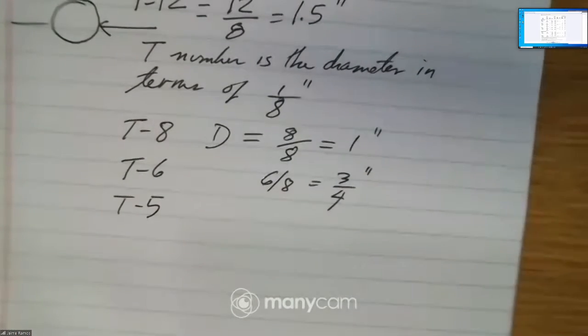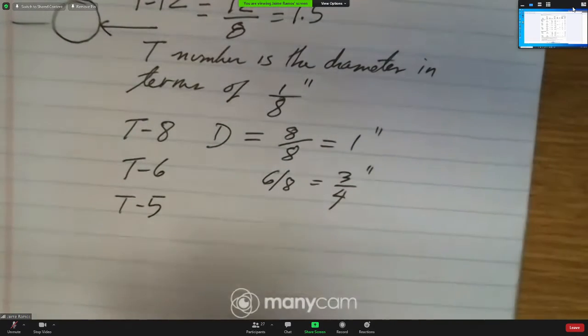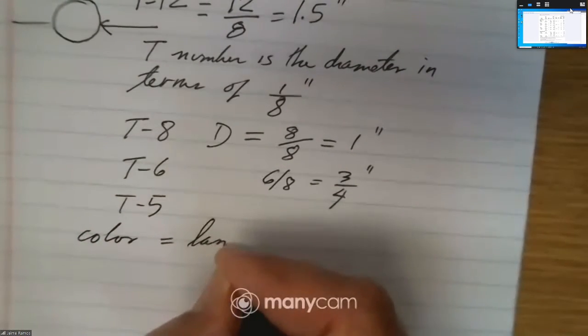Now, something important again is also the color. So here are a bunch of acronyms. I don't remember now. Initial lumens per lamp, but color is given as lamp temperature.